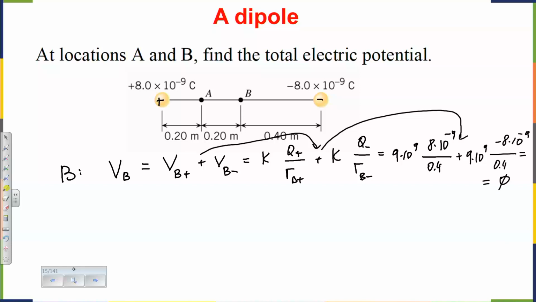For example, if I choose a point C here, I'm going to get 0 again, because, again, the distances R1 and R2 will be equal to each other, and potentials, again, cancel each other. So this line represents an equipotential with potential equal to 0 volts. Any point on this line has exactly the same potential, and that potential equals 0.